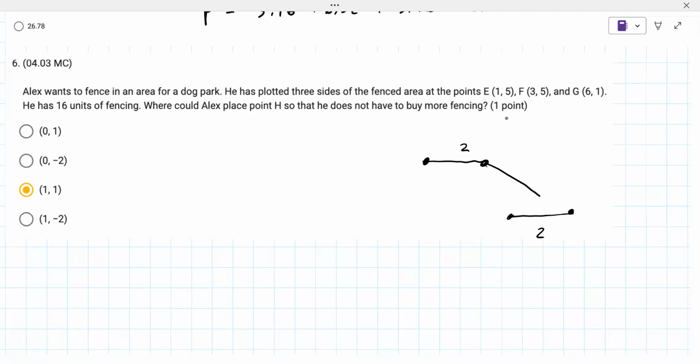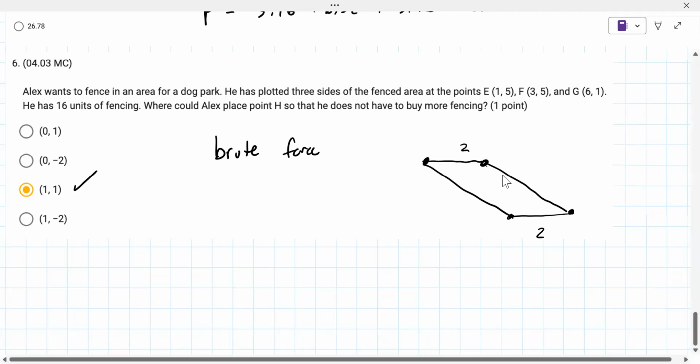Yeah, for this one I graphed all the points E, F, G and then tried each one of the answers to see which one would be the least amount of distance. That's called the brute force method, when you try them all, and that does work. But you can do it another way.